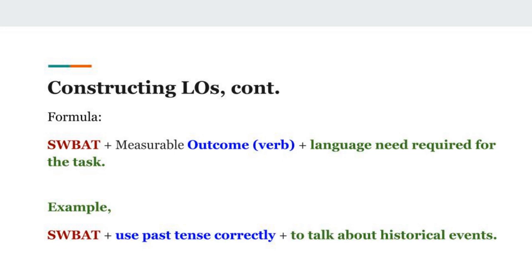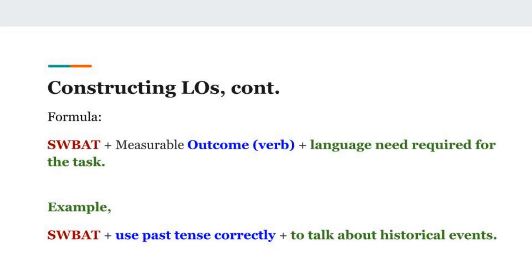But what you have here, which is different, is the language need instead of the content to be learned. And the language need is determined by the task, basically, the content objective.